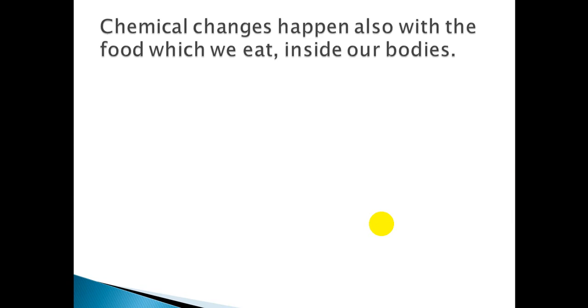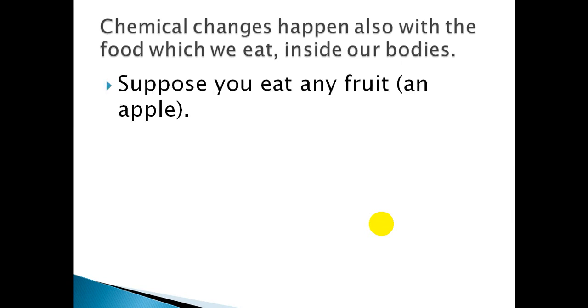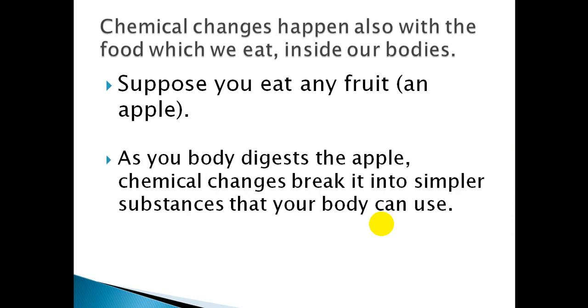Also, chemical changes happen with the food which we eat inside our bodies. How does this happen? Suppose you eat any fruit, an apple, an orange, kiwi, strawberry, any food or any fruit. What happens inside your body? Your body starts to digest the apple or the food which you eat, and chemical changes break it into simpler substances that your body can use.